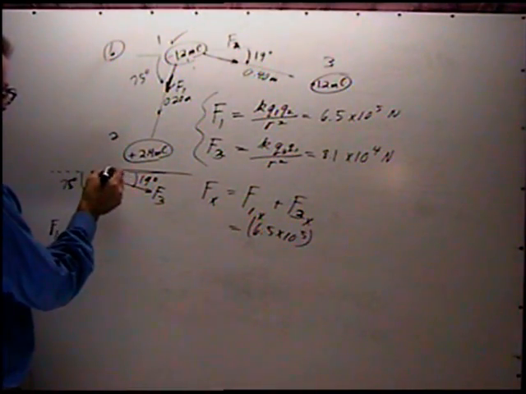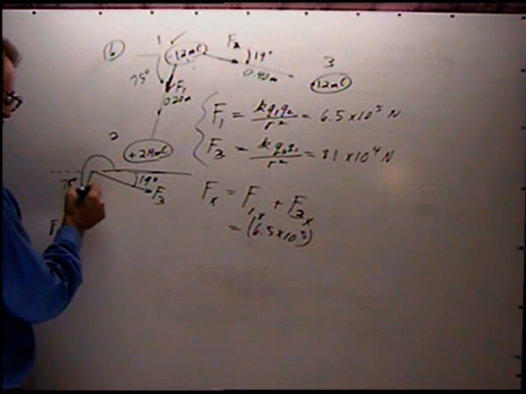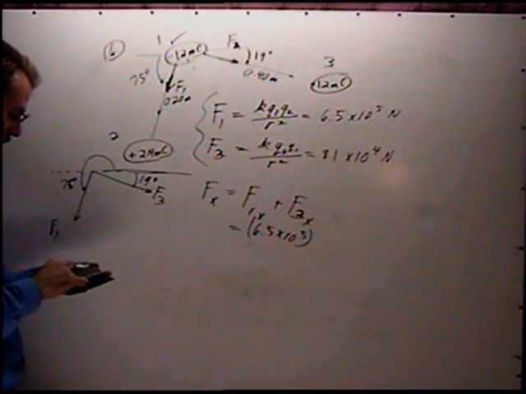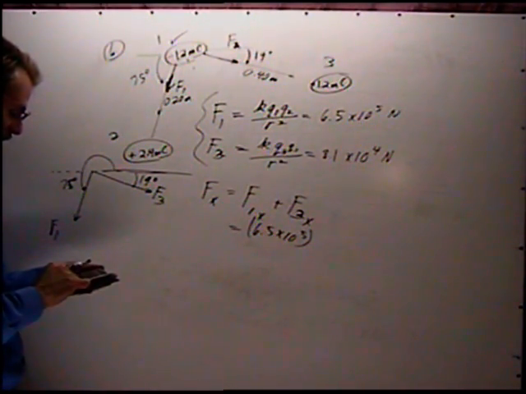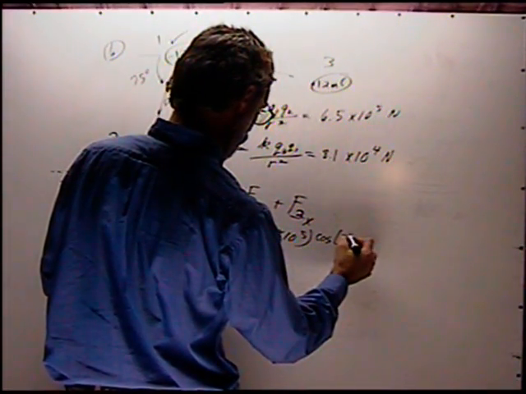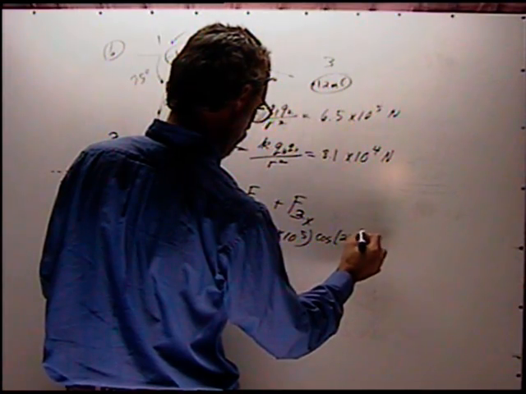is, this angle is all the way from here, so it would be 180 plus 75, so it would be the cosine of 255.